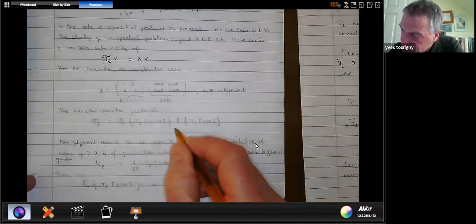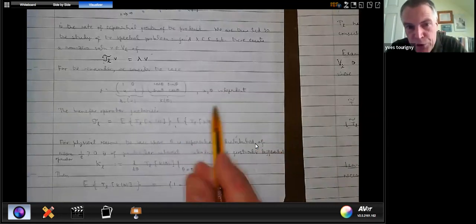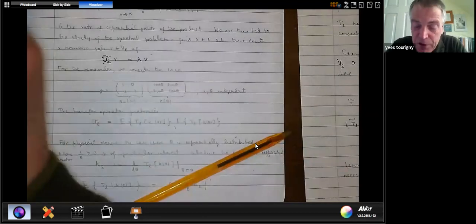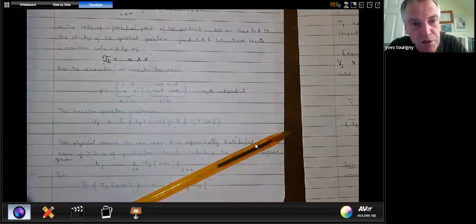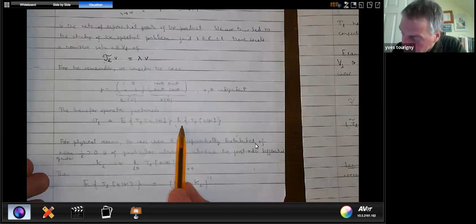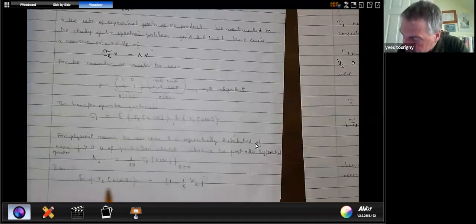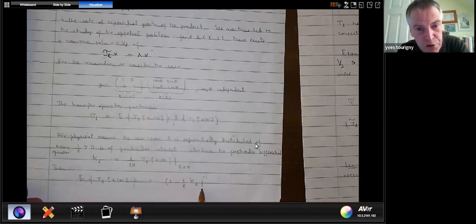If we make further assumptions, then we can actually work out what these operators are. For instance, if you assume that your impurities are exponentially spaced, that the spacing between two successive impurities is an exponential distribution, then you can work out what this operator is in terms of a certain differential operator.